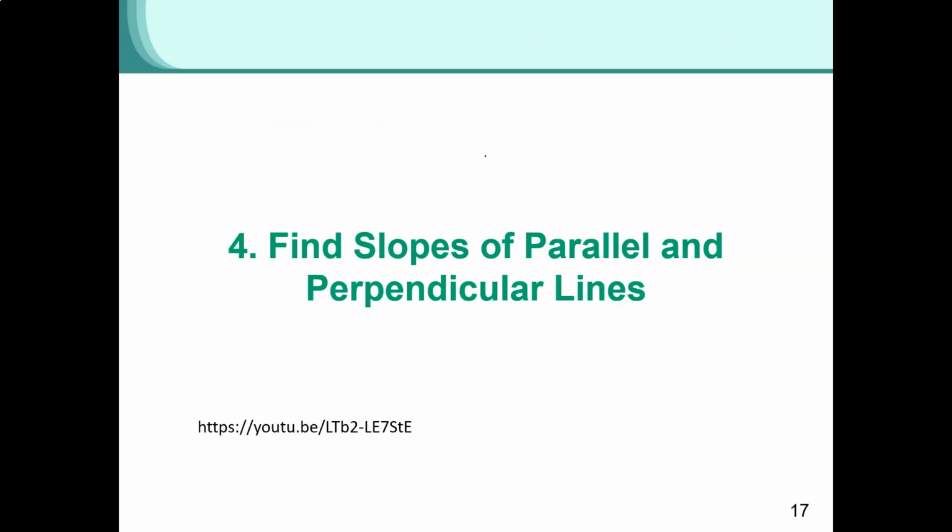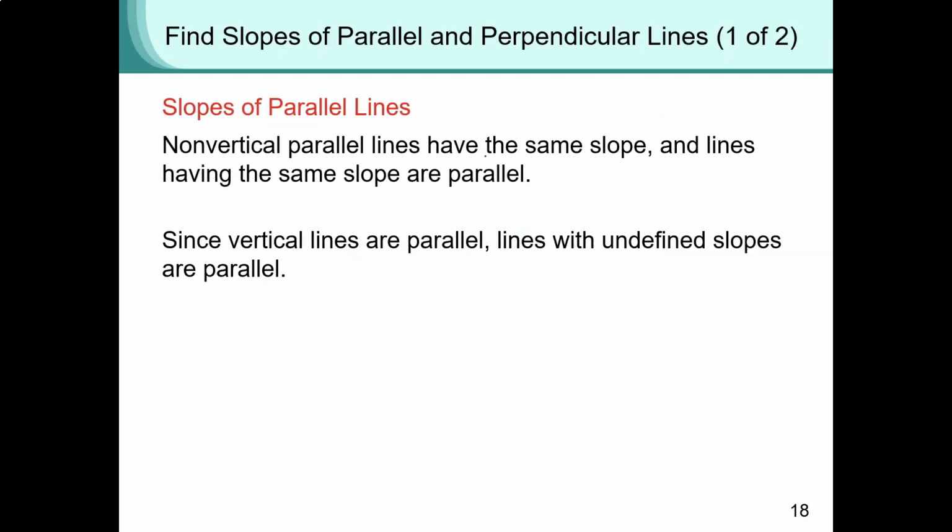Okay. Now finding the parallel and the perpendicular. Non-vertical parallel lines have the same slope, and lines having the same slope are parallel. Since vertical lines are parallel, lines with undefined slope are parallel.